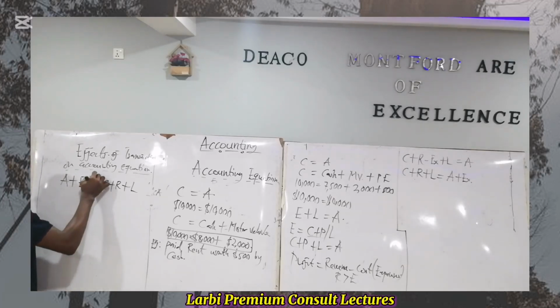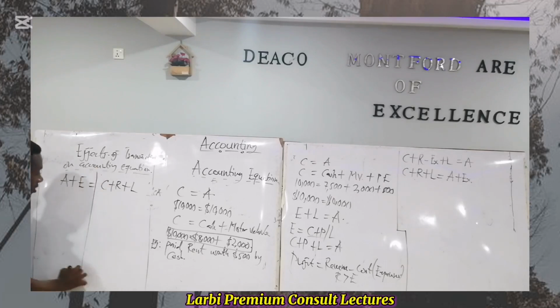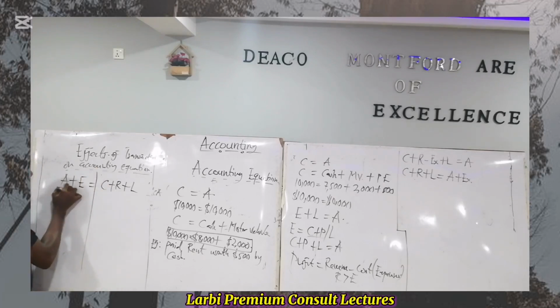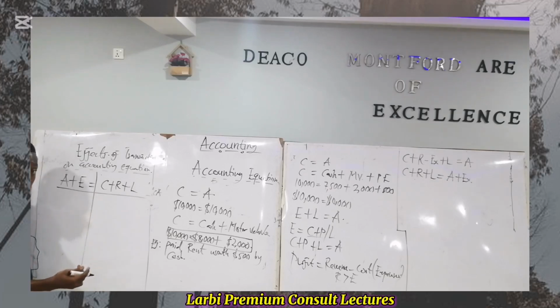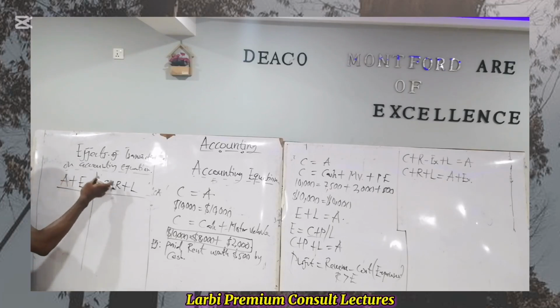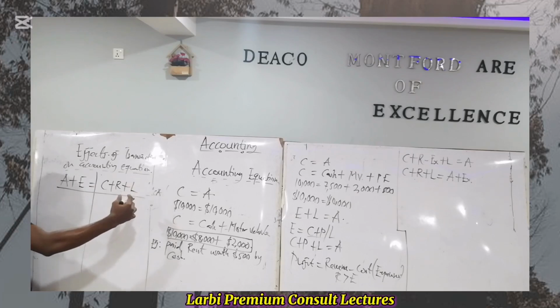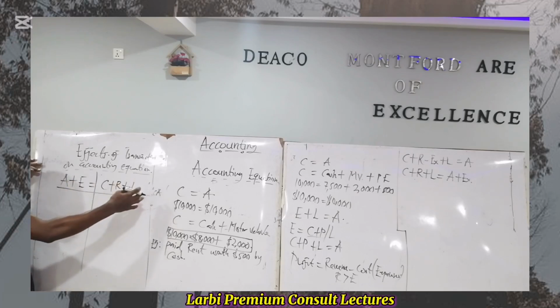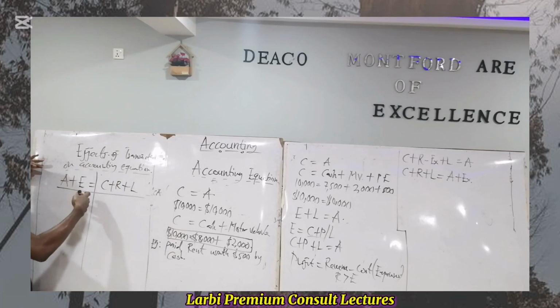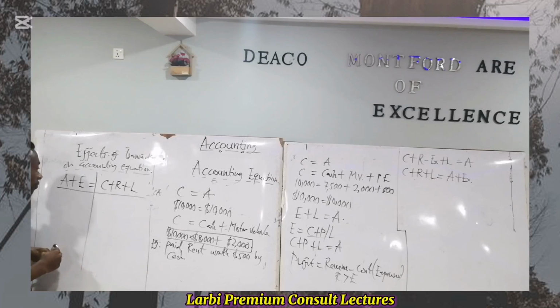I want to have a vertical line to divide this and a horizontal line coming across, like a cross. Now what is happening here? I have assets plus expenses being equal to capital plus revenue plus liability. This makes the accounting equation balanced. And these are also the elements of the financial statement: assets, expenses, capital or equity, revenue, and liability. Most of the time we refer to them as such.